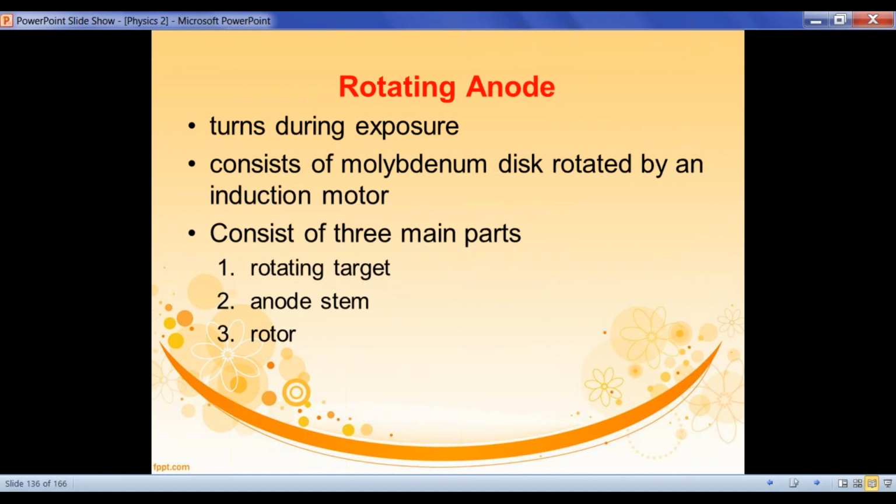Equally distributed yung pagtama ng electron sa ating anode, so hindi po madaling matunaw yung isang part niya. It consists of three main parts: the rotating target, the anode stem, and the rotor. Okay?